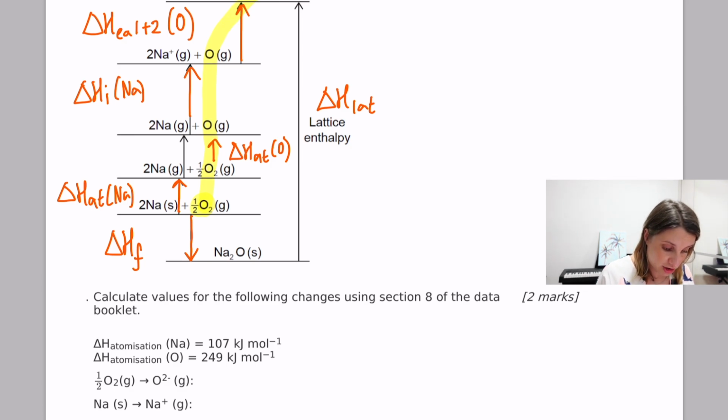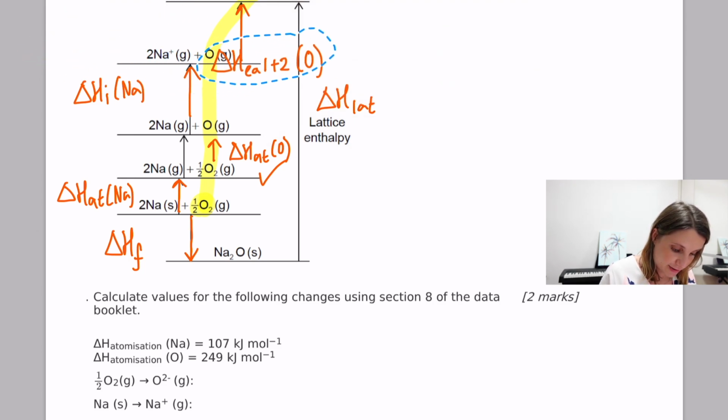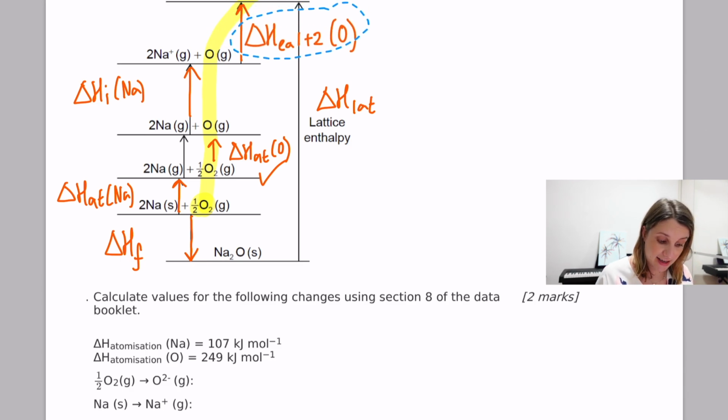So with regards to oxygen, this is really your atomization for oxygen. And as well as that, it's your first and second electron affinity for oxygen.